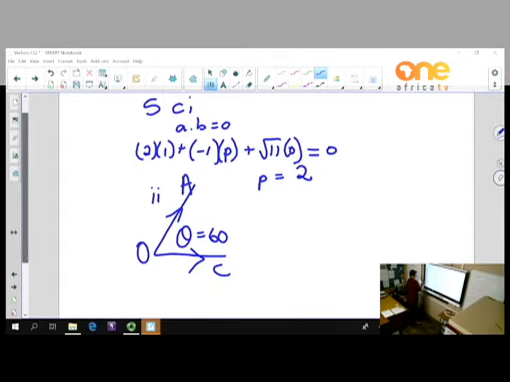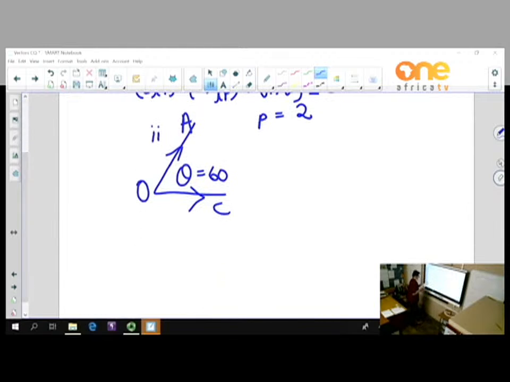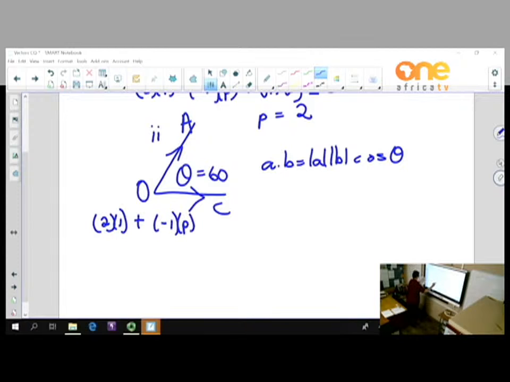Okay, now this is quite a long sum to do, so let's quickly look here. So what are we doing? A dot B is equal to magnitude A, magnitude B, cosine theta. This is what we've been doing now all the time. Right, so A dot B is then 2 times 1 plus negative 1 times P plus square root 11 times 0. And now I have to get the magnitudes here.